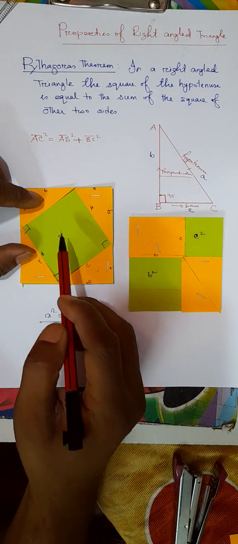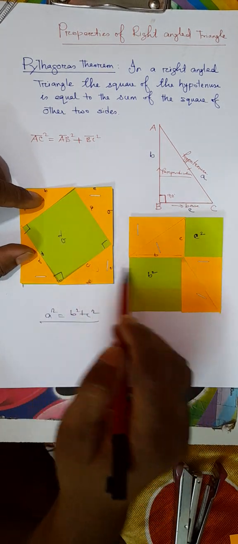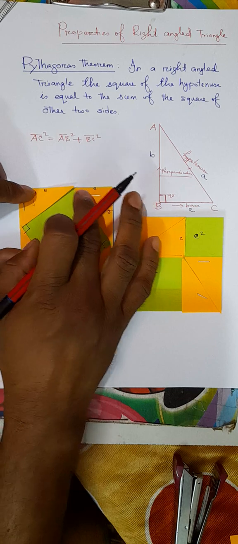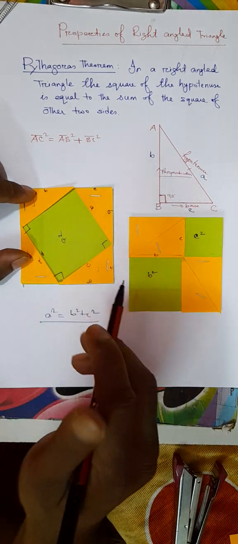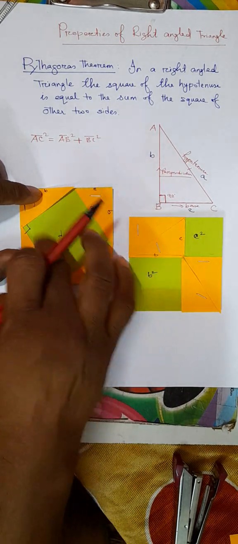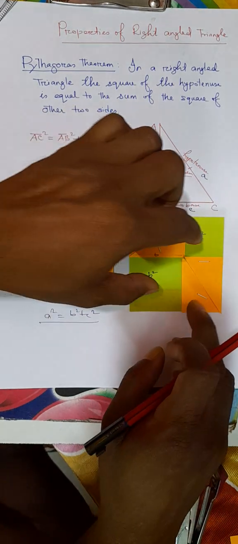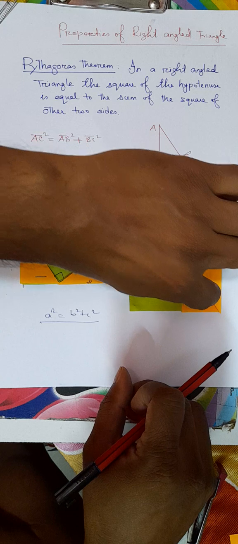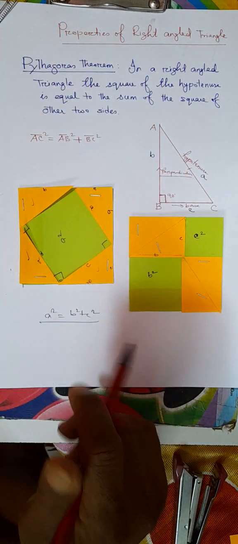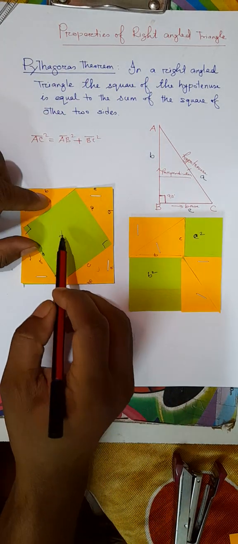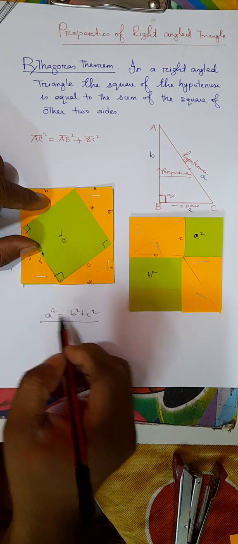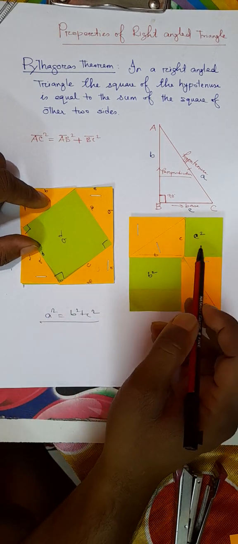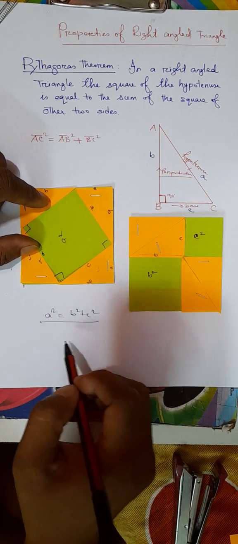Now you see, the left out space in both cases will be equal, because we are using the same number of triangles in both cases. So area of this green surface and sum of the area of these 2 green surfaces must be equal. That means area of this green space is a square, equal to sum of area of these green spaces, b square plus c square.